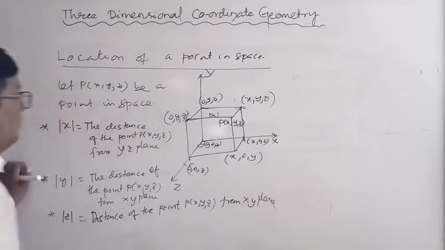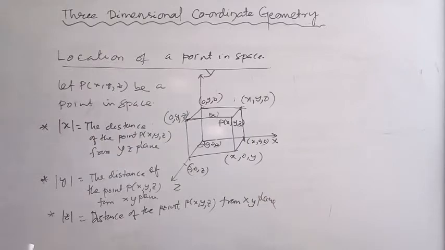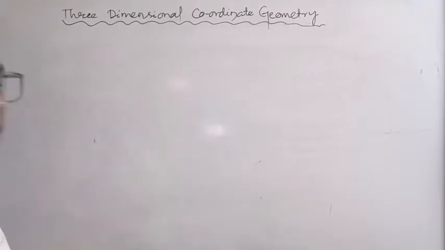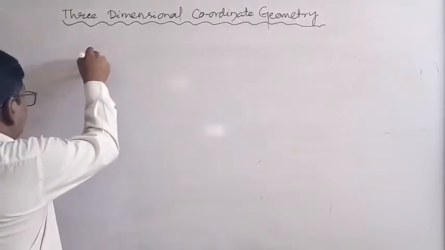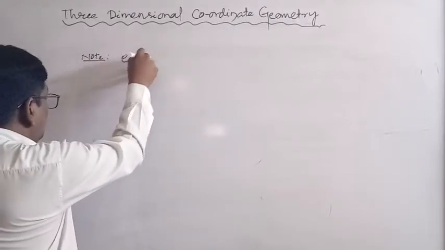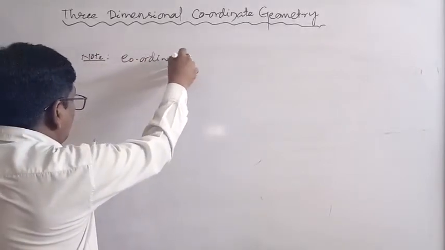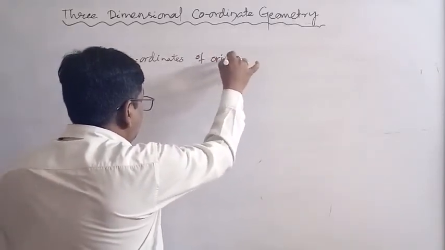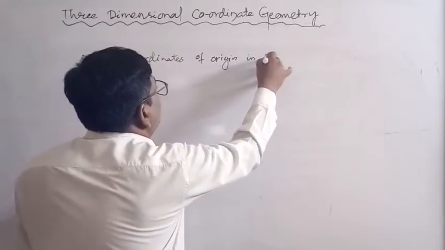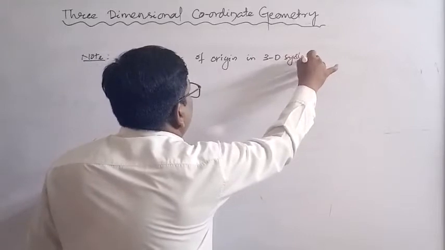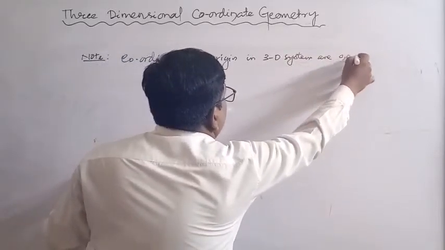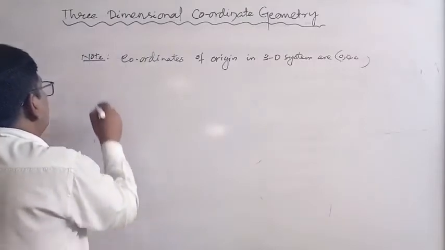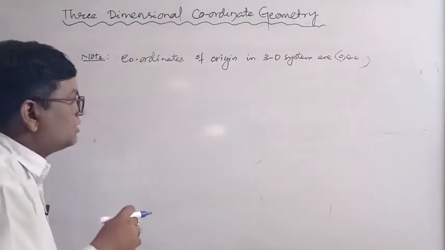These are the coordinate system, that is, the location of a point in space. Okay, then coordinates of origin. Note: coordinates of origin in the 3D system are 0, 0, 0.